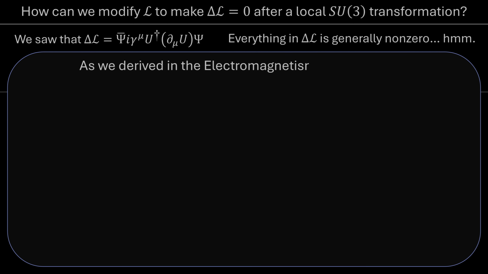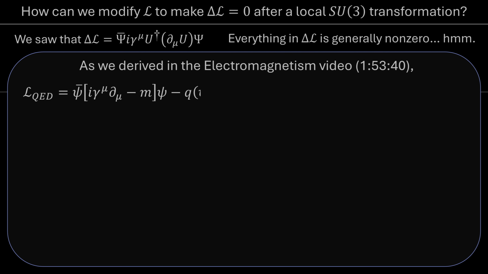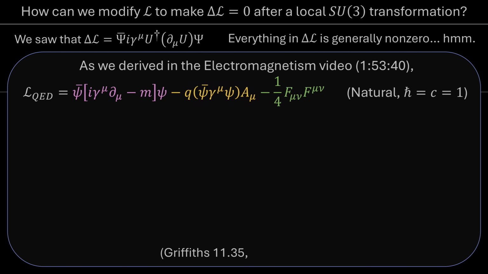Well, in the electromagnetism video, we derived the Lagrangian of quantum electrodynamics, which consists of the Dirac Lagrangian, which has to do with the wave function of a free spin 1/2 particle, but then that doesn't naturally have local U1 symmetry. So in order to give it local U1 symmetry, we defined a gauge field A mu and brought in this interaction term to clean up the mess.